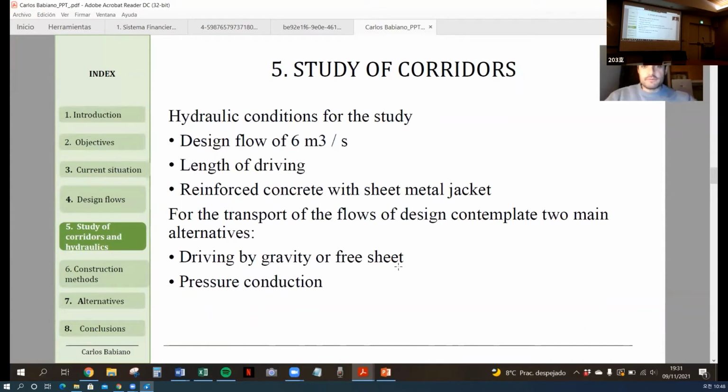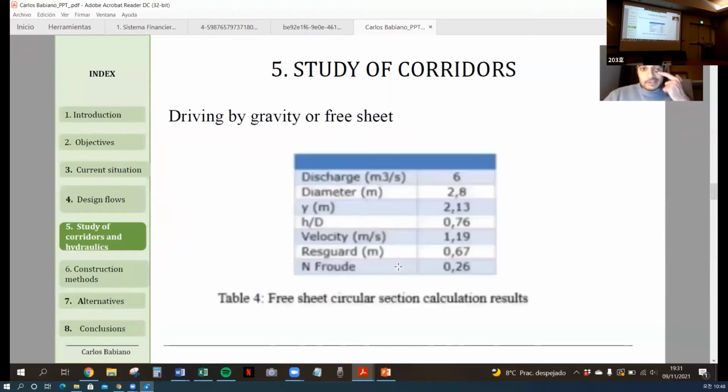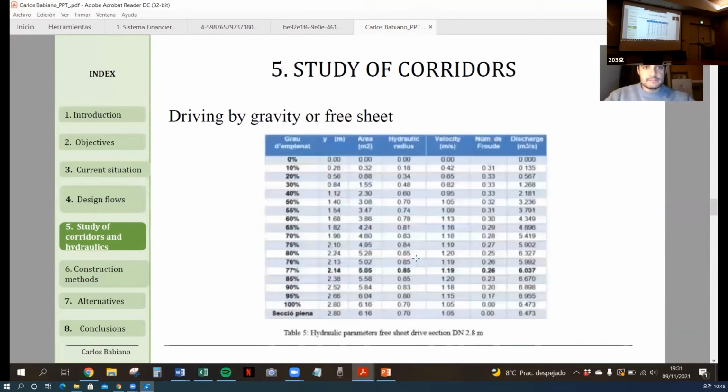And for the transport of the design flows, we contemplate 2 main alternatives. First one, driving by gravity or free sheet. And the other alternative is pressure conduction. Okay, so here we can see the main parameter, the discharge, is 6, and then the diameter is 2.8, and then we can see the other values.